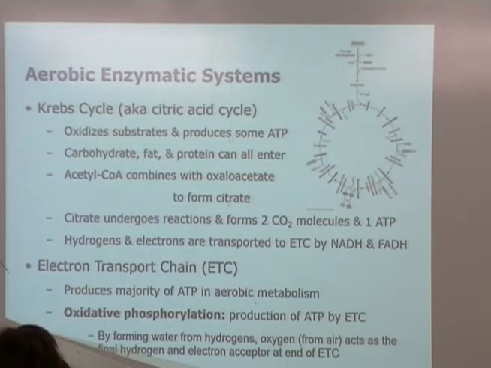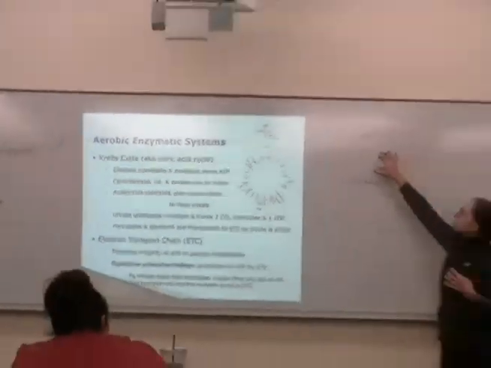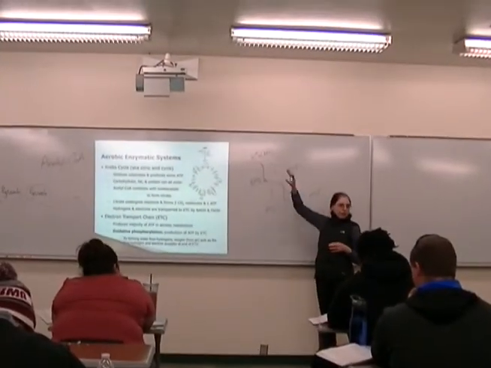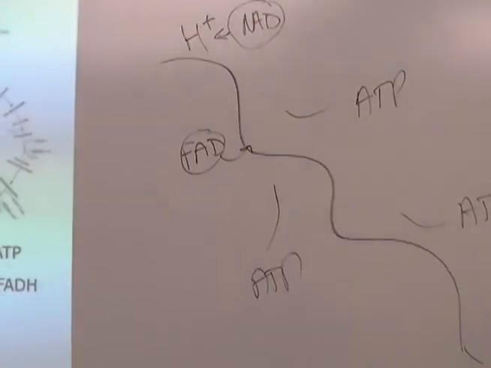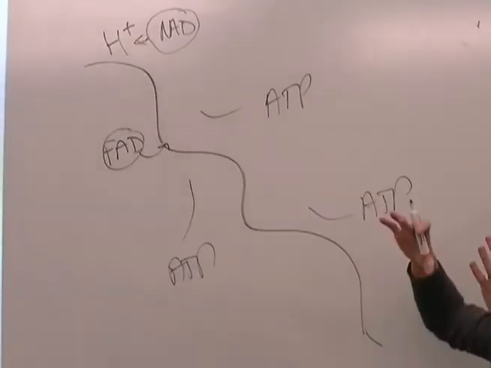So when you look at how many ATPs we get, there are always slightly different numbers, and it's a bit of an estimate because it depends whether the hydrogen got picked up by NAD or FAD. Okay. Doesn't matter. We get way more here than we get anywhere else up to this point.